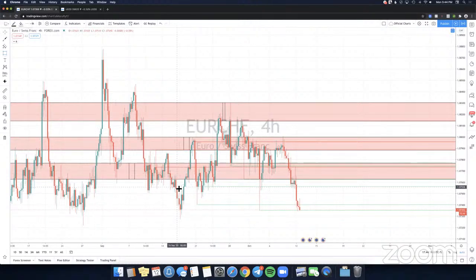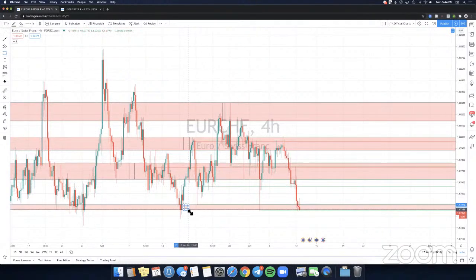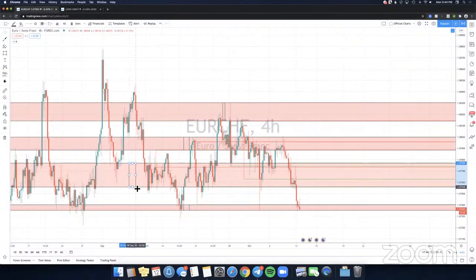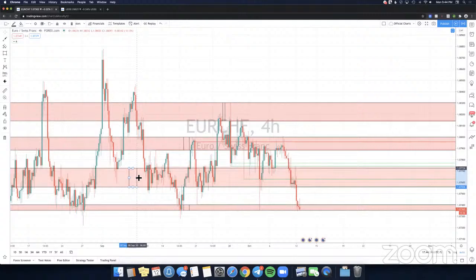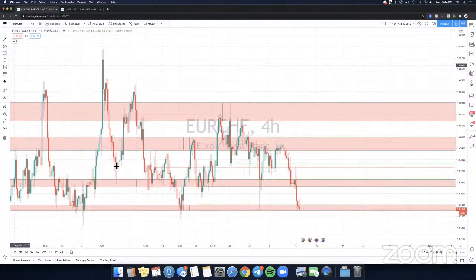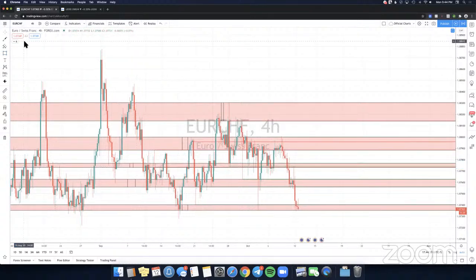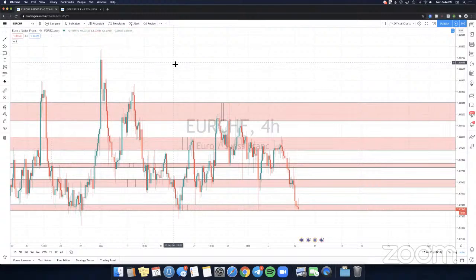These two zones over here. So I'm actually going to connect these zones over here because they're so close to each other. Or I can do this as well. Cool, I'm going to hide this K2SR. And then you can see right here that these zones are perfectly lined up.